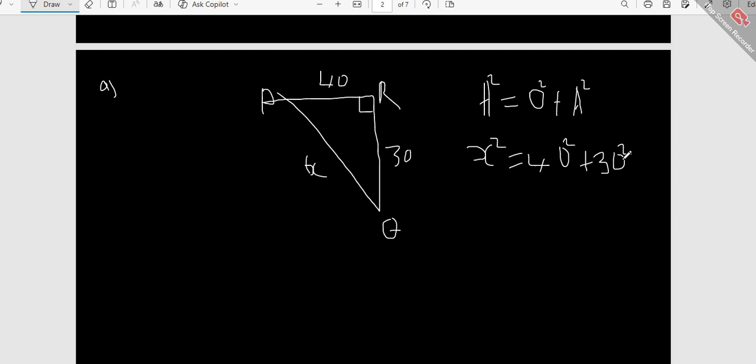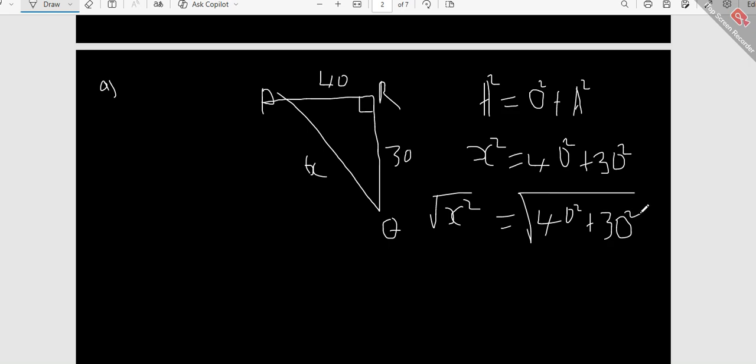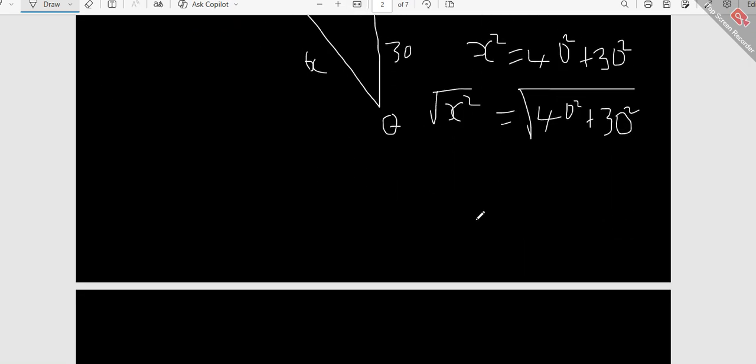Alright, now looking at this, in order to look for x, we take the square root of both sides. The square root of x squared should be equal to the square root of 40 squared plus 30 squared. Now, you see that we cancel this, and x will be left alone. So x is equal to, what is the square of 40?